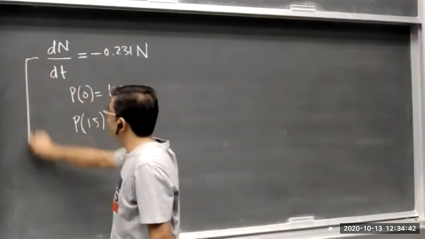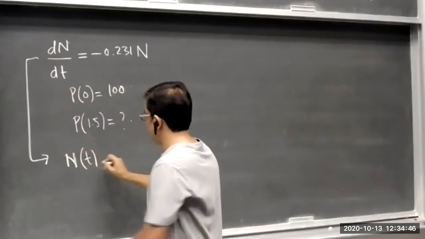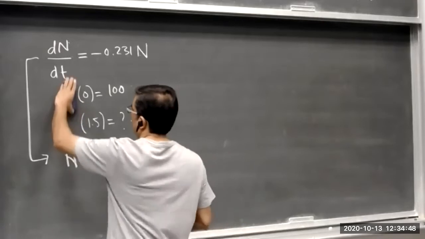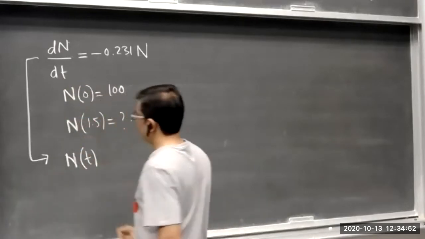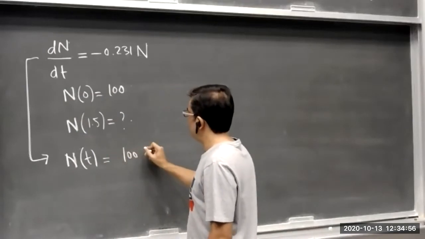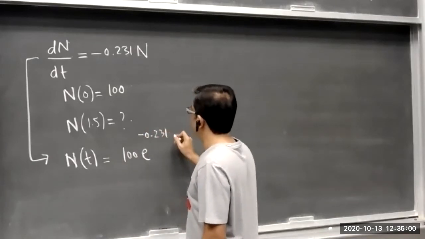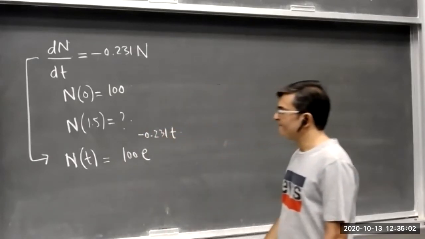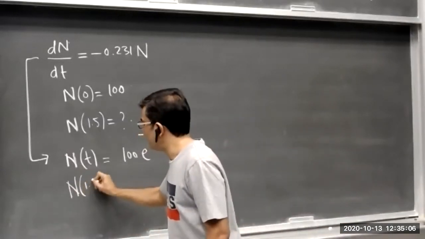Now after solving it, we can easily compute n of t. Here again I wrote p, so let me change it to n. So this is n. N of t is equal to 100 times e raised to the power negative 0.231 times t. Now we have to compute n of 1.5.